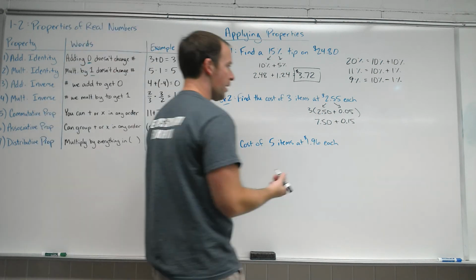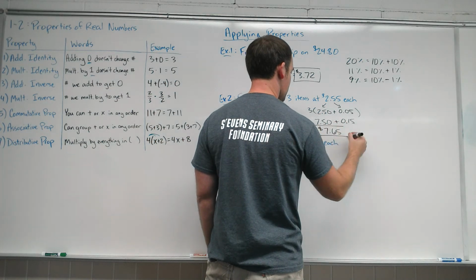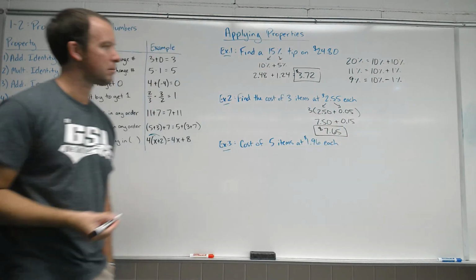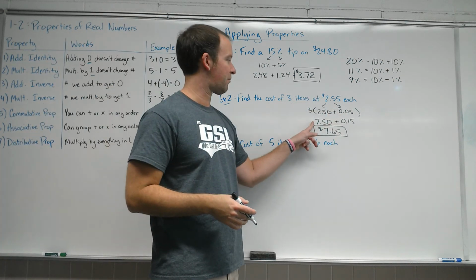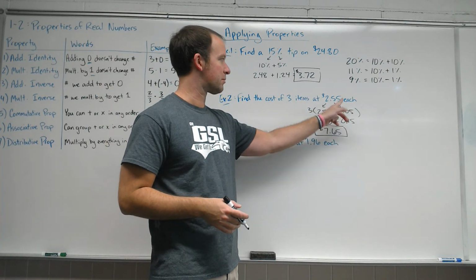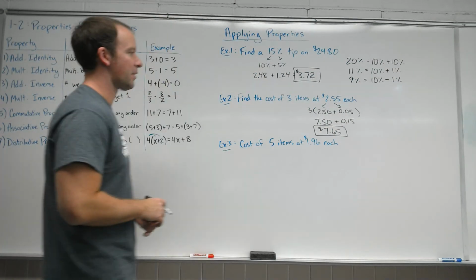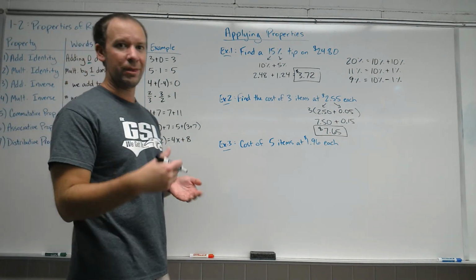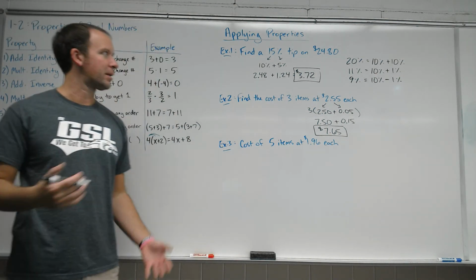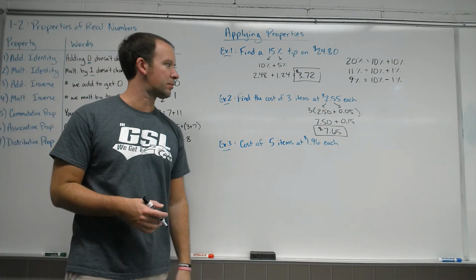If you put them together, $7.65. So buying 3 things that each cost $2.55 is $7.50 plus 15 more cents for that nickel I rounded off: $7.65. Finding easy numbers nearby to work with is a key to using some of these properties and applying them to really good situations.